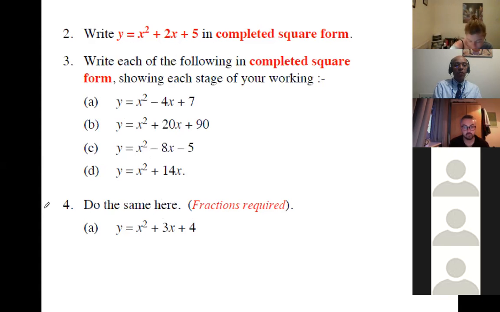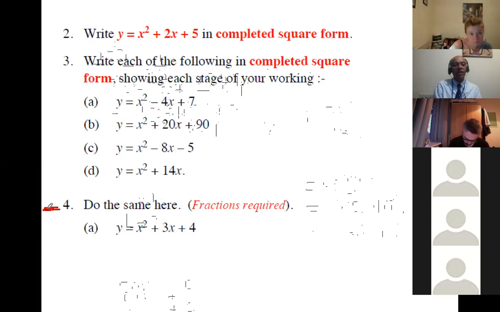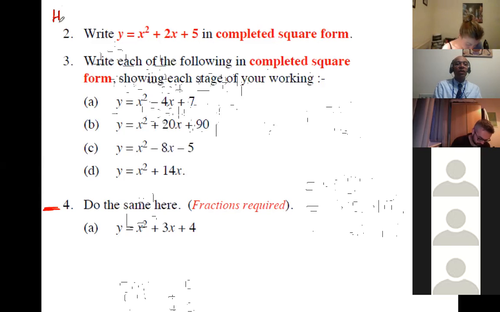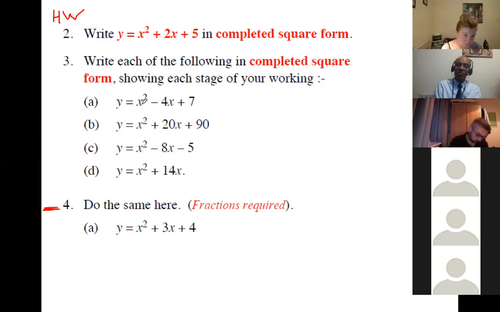But I'm going to show you how we do number 4 because it includes some fractions. So I'm going to step by step show you how we would need to do this. So 2 and 3, I'm just going to put here HW so that you know it's your homework. It's very much the same as what we've done in the previous 6 examples.